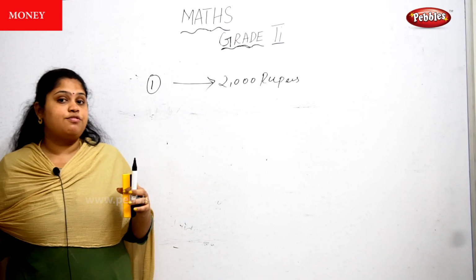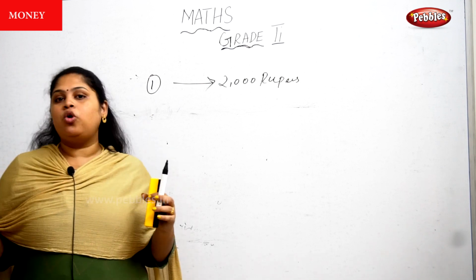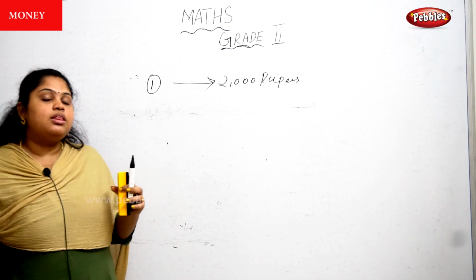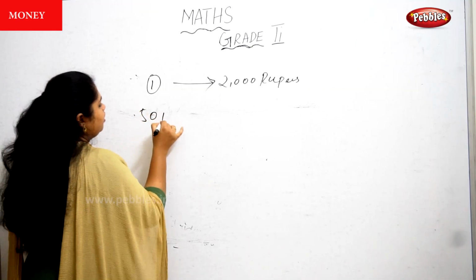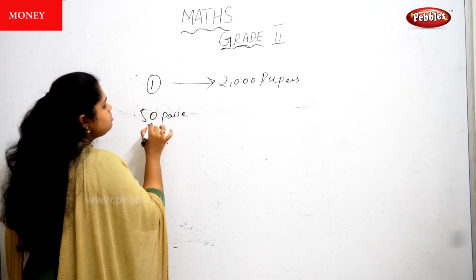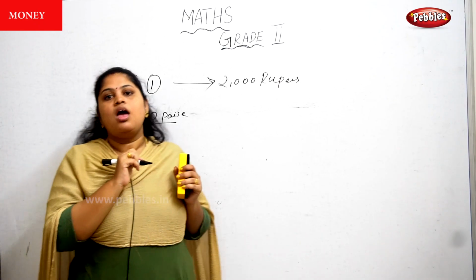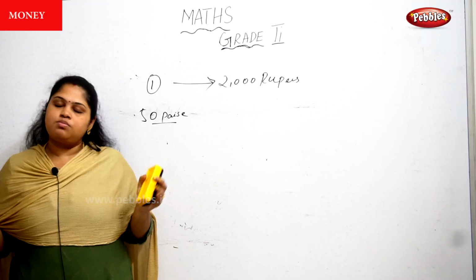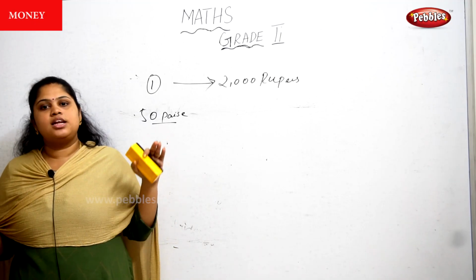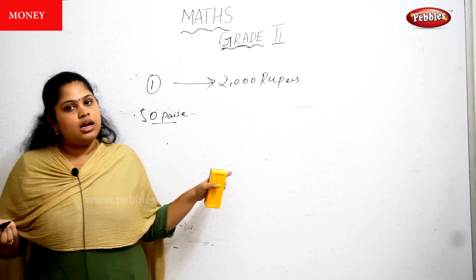Sometimes you can also find the 10 rupee coin. There is also a 50 paise coin. Somebody may not be able to see that, but no problem, the 50 paise coin is still alive.